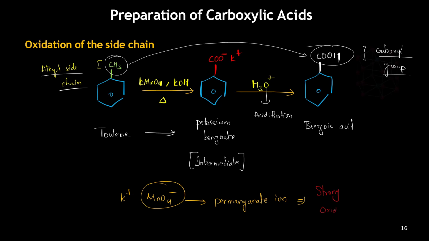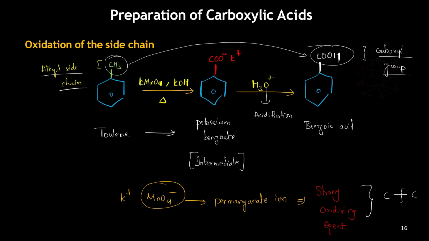Remember this. So this strong oxidizing agent is really helpful for breaking the carbon-carbon bond. So you see here, this carbon and this carbon, this will be helpful for breaking this bond. Understood? And that will form the carboxyl group.